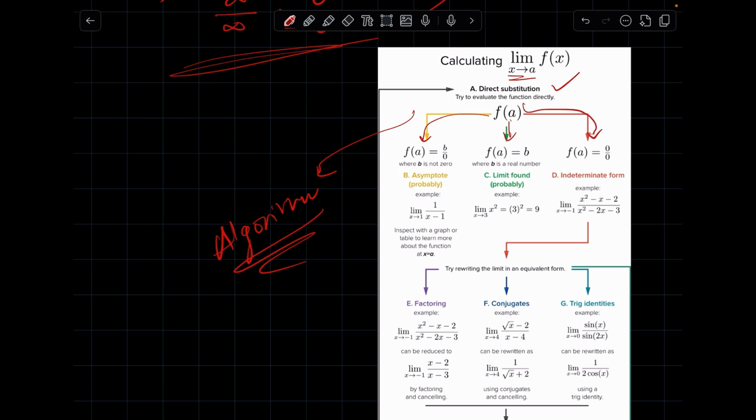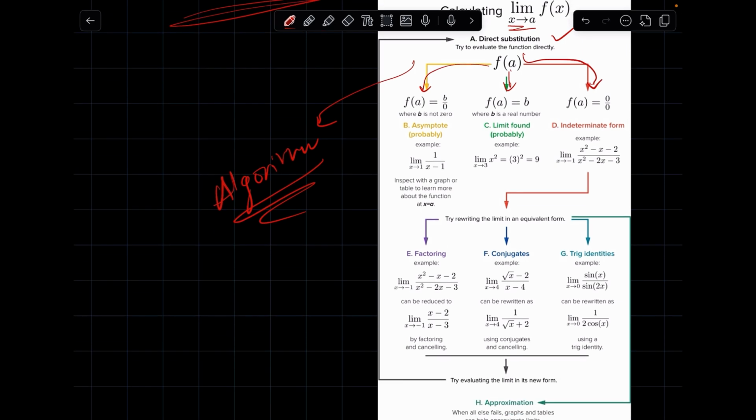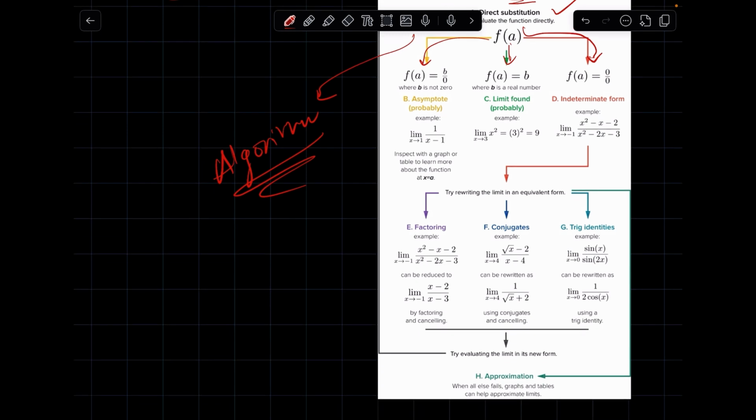And now we're coming to the most common thing that you're going to encounter, that is an indeterminate form. For an indeterminate form, you can do three things, which are factoring, conjugates, and trig identities, and the fourth is approximation, though I haven't really encountered any approximation questions. So I would say the majority three steps that you can use.